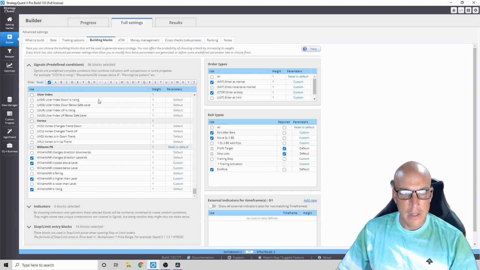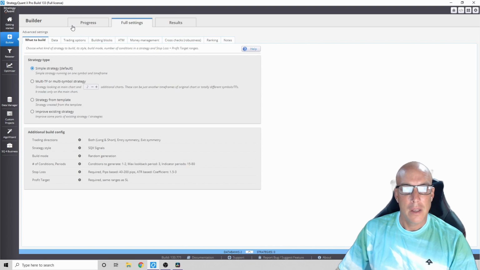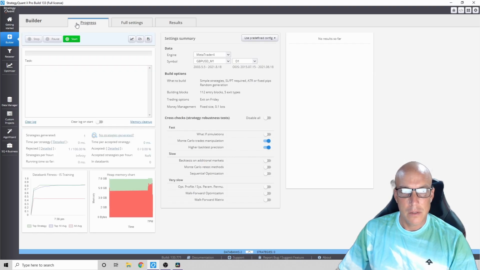So it's got all these indicators that it's using, and it's combining them to make an algorithm. And so it's using all those indicators, and it's coming up with the best combination of those.